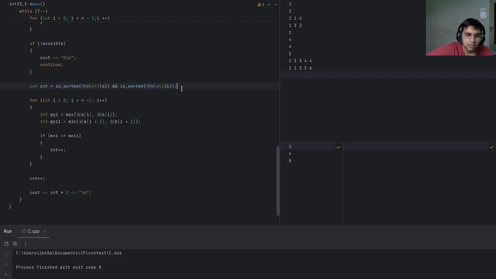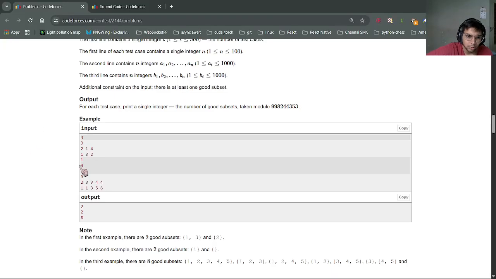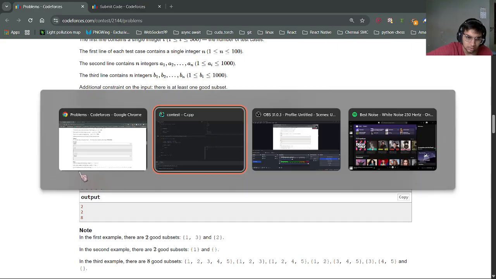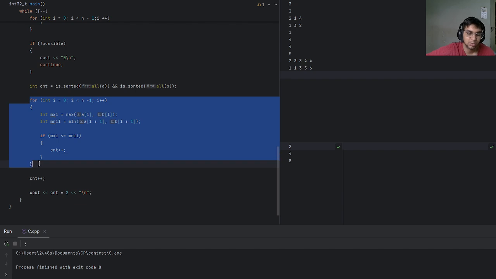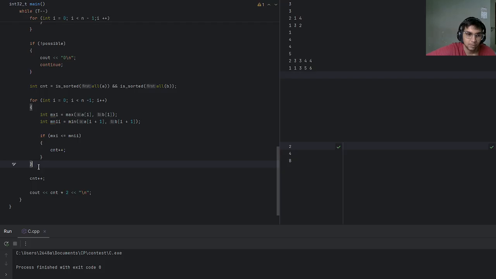This is the sorted. So this is for the null set and empty set part. And this is for the last element, which won't be required because this loop only runs for that part.